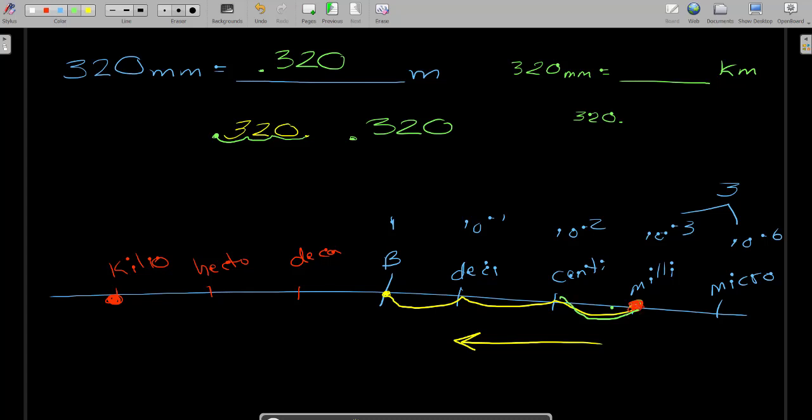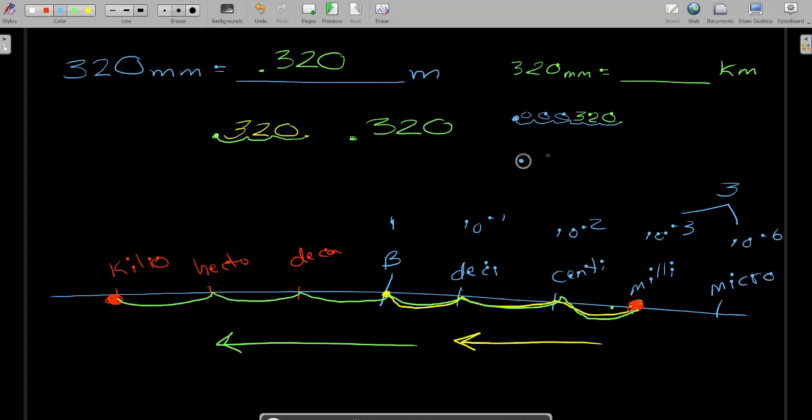So 1, 2, 3, 4, 5, 6 to the left. And step 4 was to move your decimal that number of spaces and in that direction. So 1, 2, 3, 4, 5, 6. Fill in the zeros.